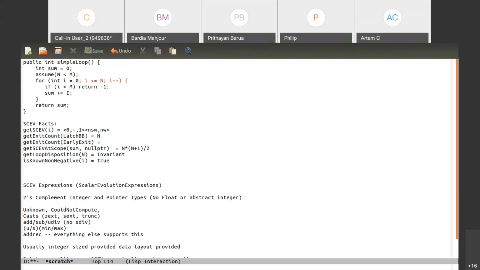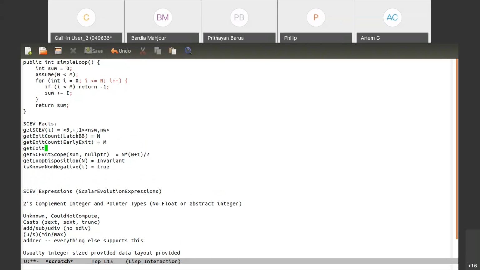So today, what you'd probably get is the exit count of the latch would be n, the exit count of the early exit would be m, the exit count of the loop would be the umin of n, m, and then if SCEV noticed the assume, it might simplify this expression, the umin, back to simply n.